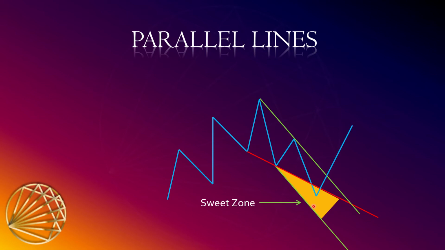He would expect that there'd be a reversal between these 2 lines. Sometimes the lines land right on top of each other, and that's what we could call a narrow sweet zone. That would be a super sweet zone if it's like that. But typically it doesn't look like that.